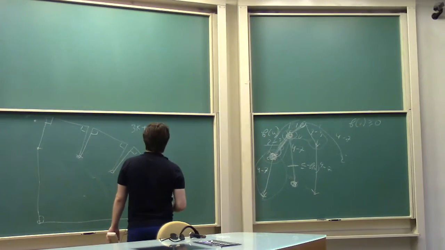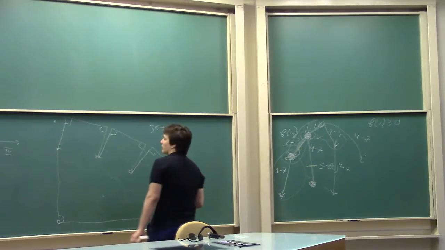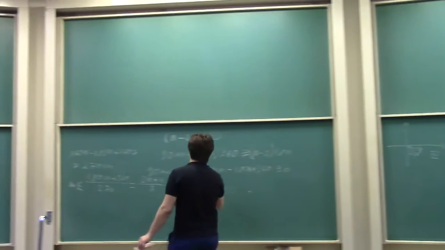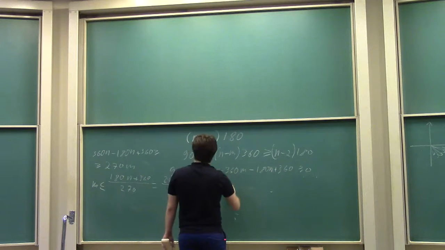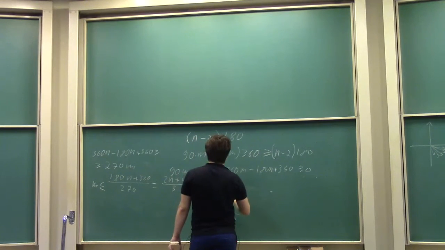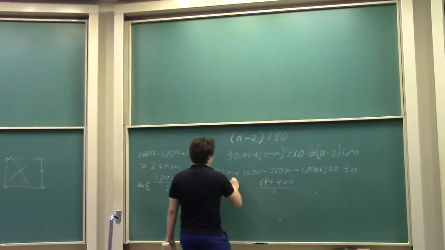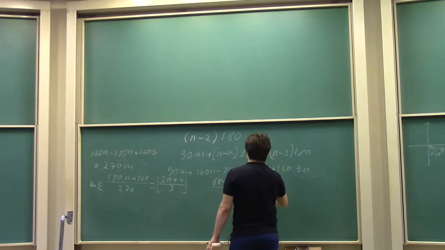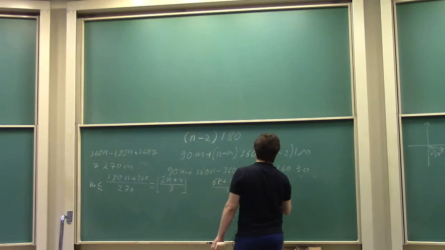And the numbers of form 3k plus 2, if I put them here, it gives me 6k plus 4 divided by 3. Oh, this is of course rounded down. That is 2k plus 2 angles.